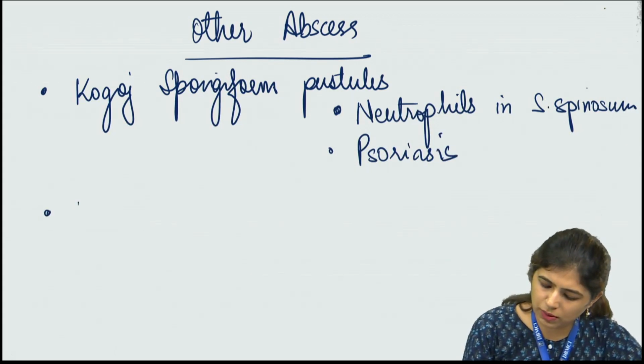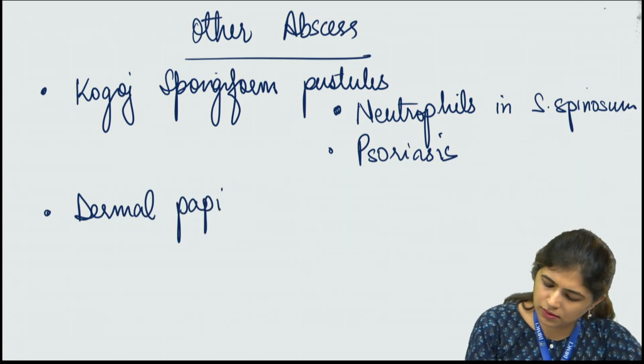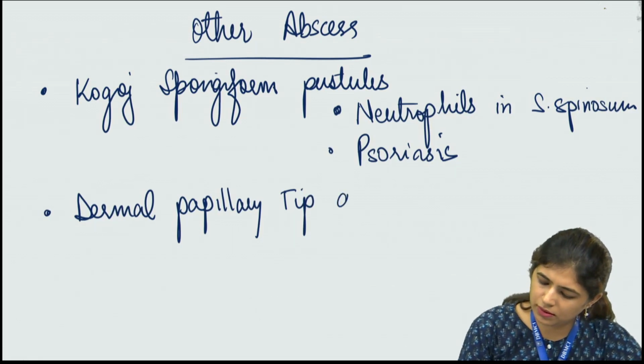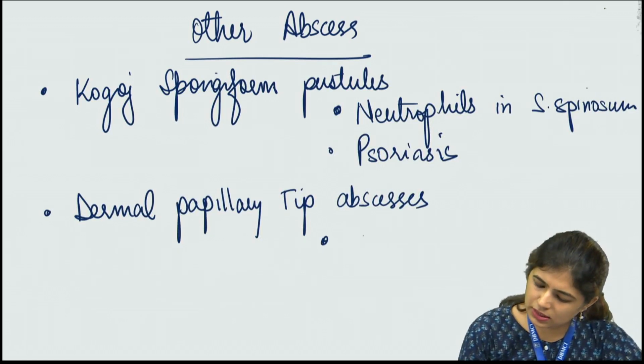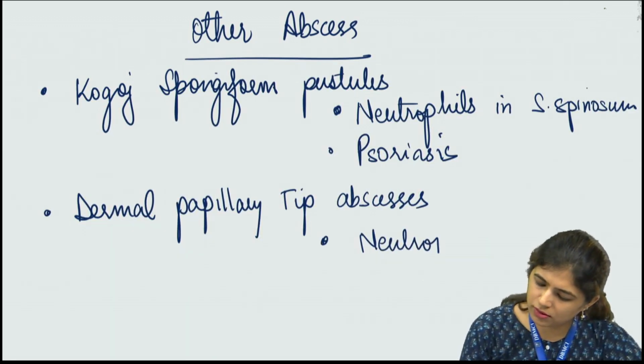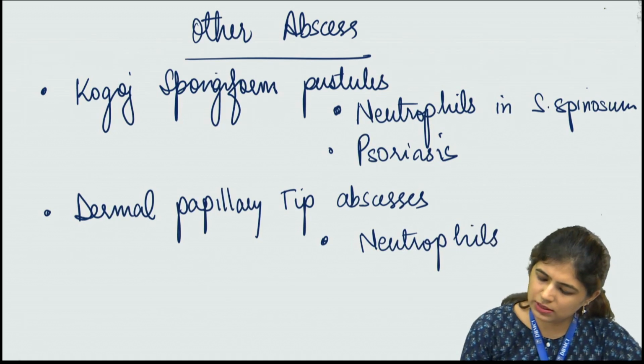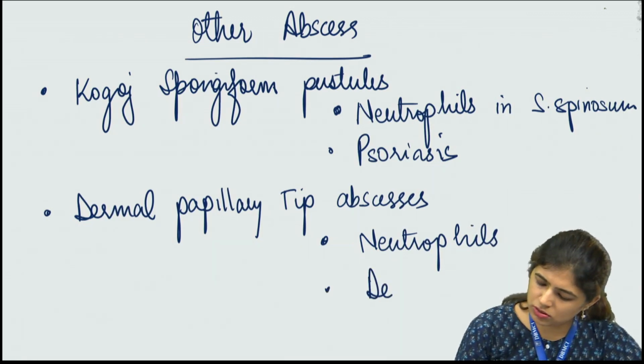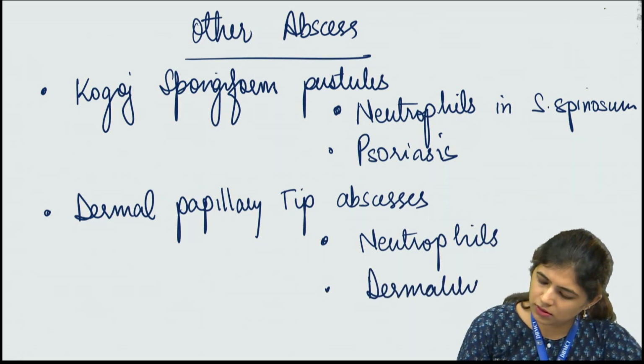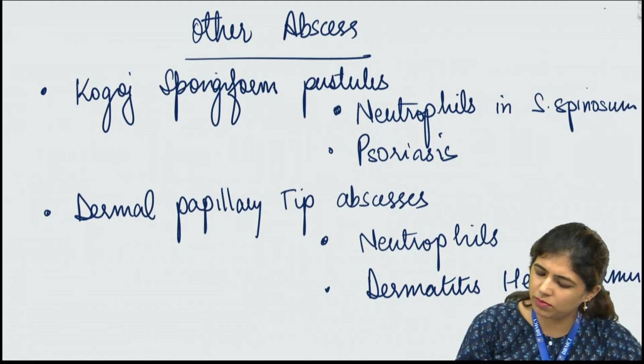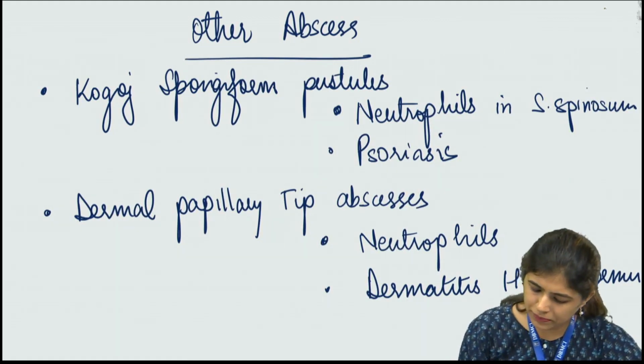Second thing that we need to remember are the dermal papillary tip abscesses. These are also made of neutrophils seen in patients of dermatitis herpetiformis. Okay? Clear?